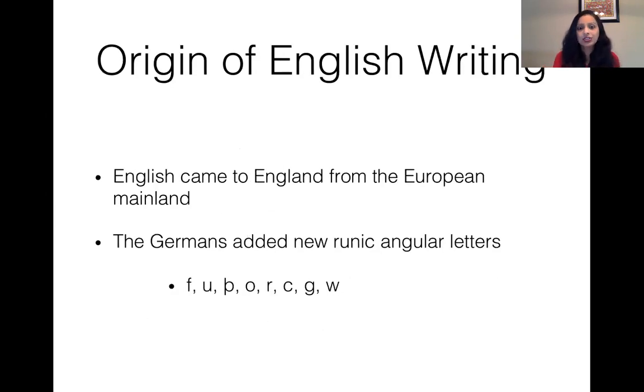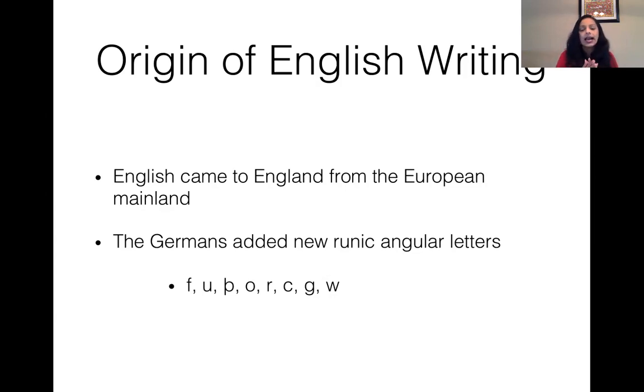Now, English, remember that we started talking briefly about English in the last class, but English really did not originate in England. It came from the European mainland, from different tribes that migrated from the European mainland onto the English island. And one of the things that happened along with that was the coming of Germanic tribes, right?